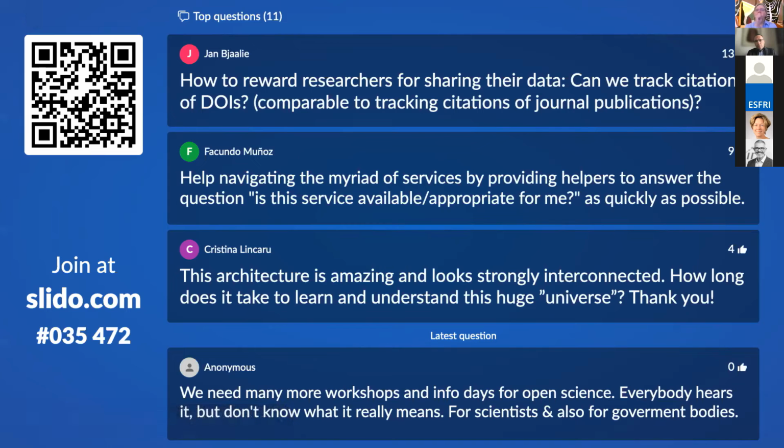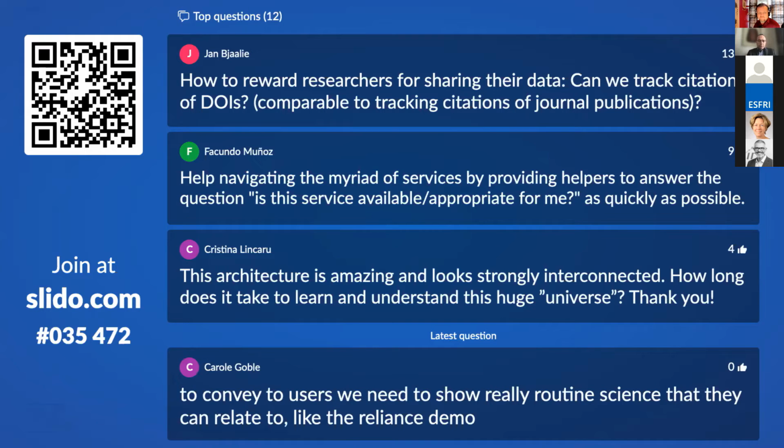Yeah, I think it's actually an important aspect, and it's partly taken by the task force on curricula in the EOSC Association. And not only there, because, for instance, we know that EOSC Future and also some projects are working on that. I think tracking citation of DOI is a good point, but here again, that means we are still working with quantitative data, and this can be an issue as we are dealing with research.